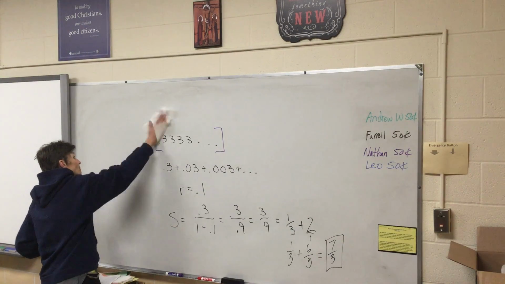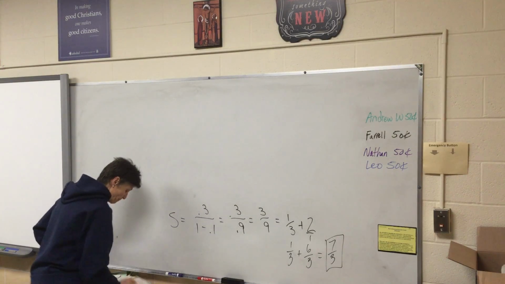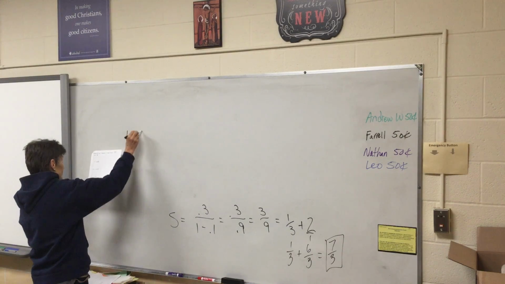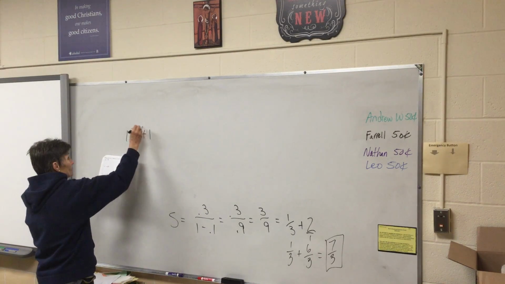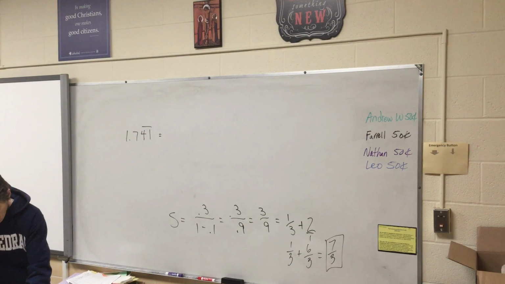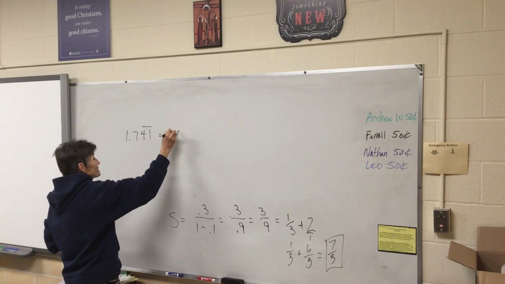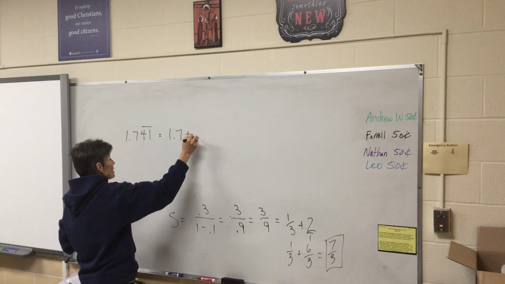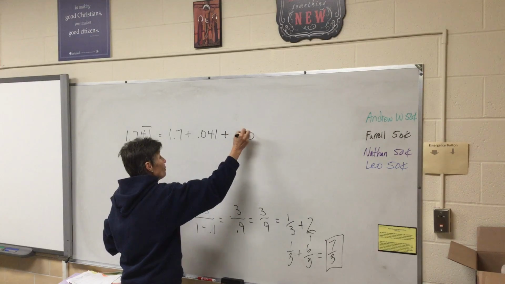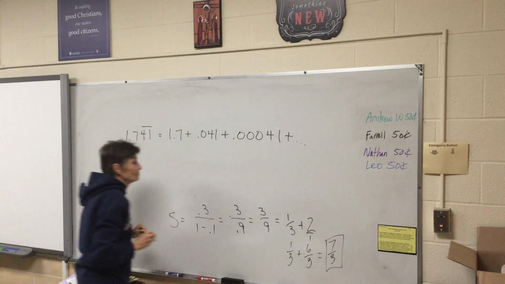All right, one more. Let's see if we can get it because it looks a little extra confusing. Now you need to remember that that means 1.7 plus 0.041 plus 0.00041 plus da-da-da-da.